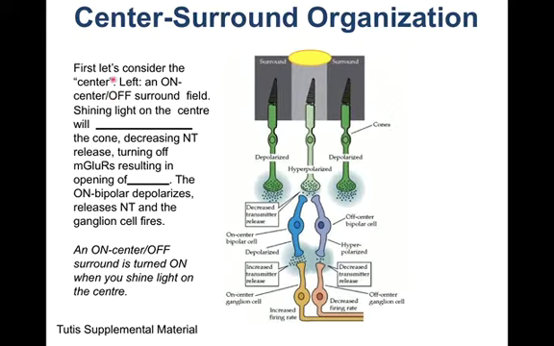So let's think about what's happening on the left first, where we have an on-center, off-surround. If we were in lecture, I would ask you, if it's an on-center, off-surround system, then shining light on the center will do what to the cone? And you would hopefully tell me that shining light on the center will, as always, hyperpolarize the cone, decreasing glutamate release.